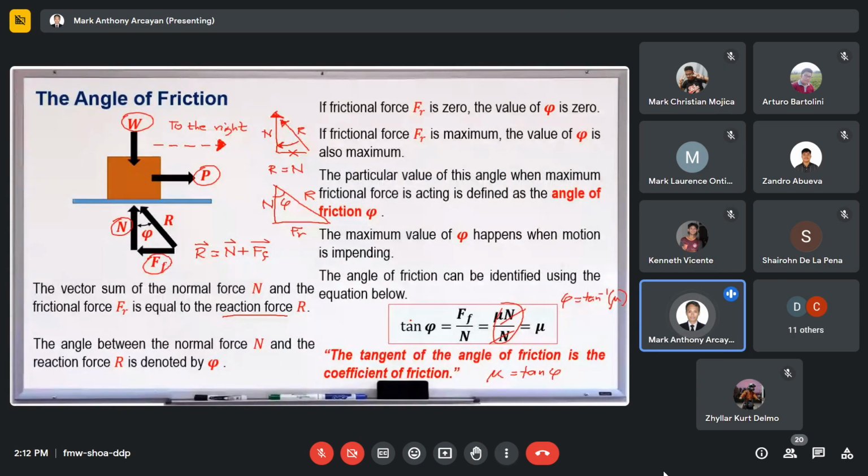Remember this formula because it is very useful when solving problems. Again, the angle of friction is the angle between the normal force and the reaction force. The reaction force is the sum of the normal force and the frictional force.